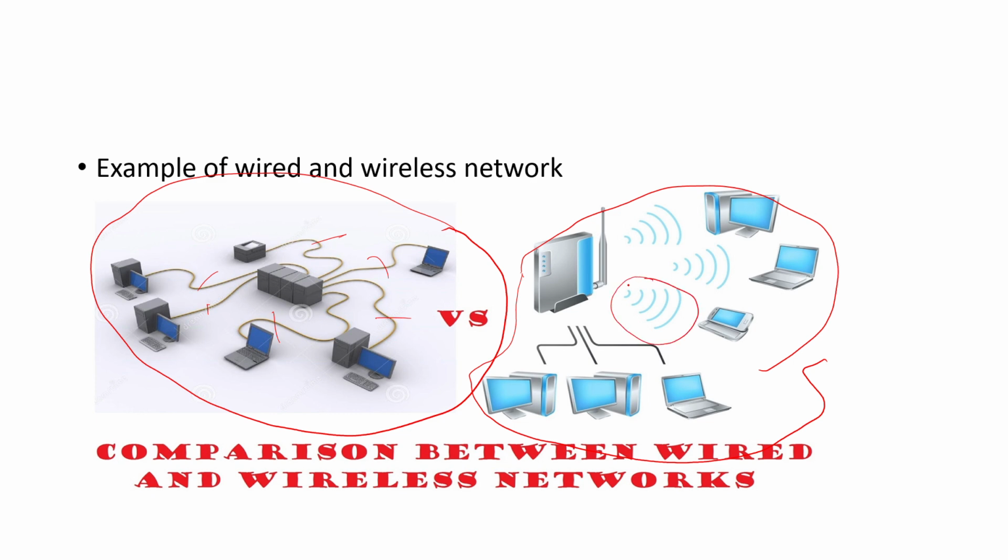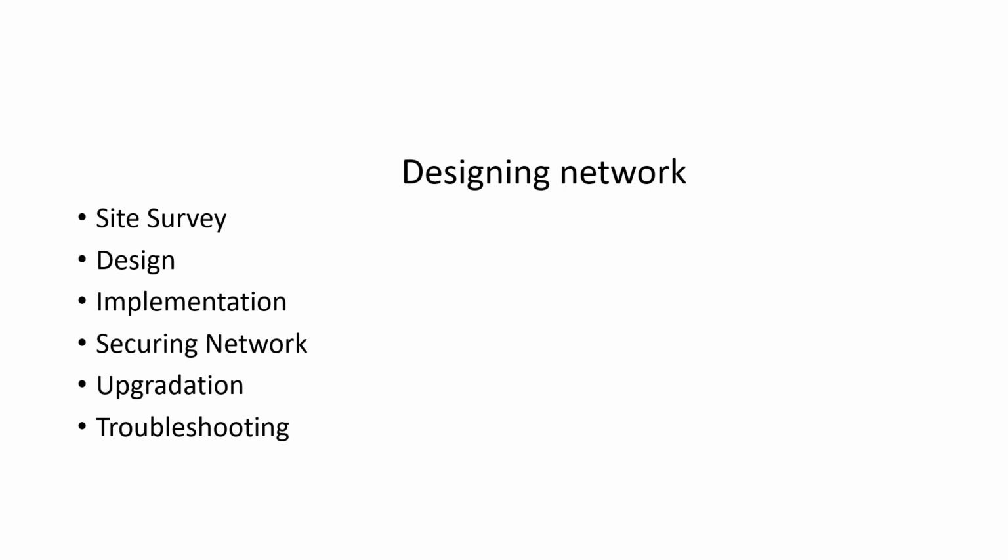There is a wireless connection between the devices. There would be an access point and all the devices are connected through wireless. So these are the two types of network, and in the next slide you can see designing a network, how we have to design a network.